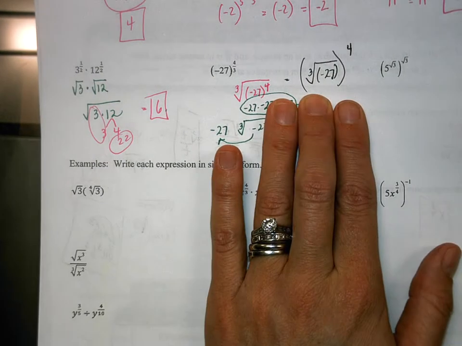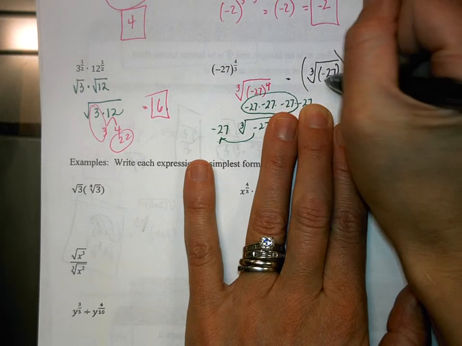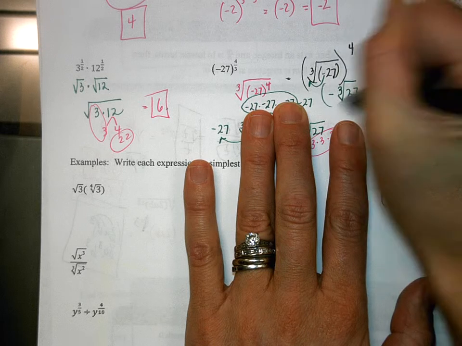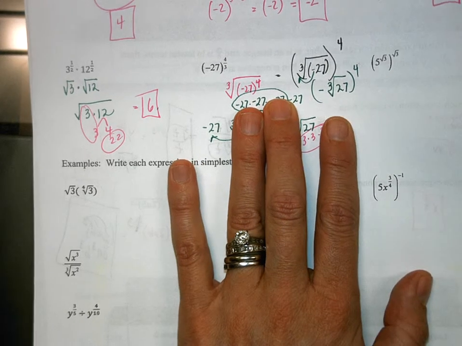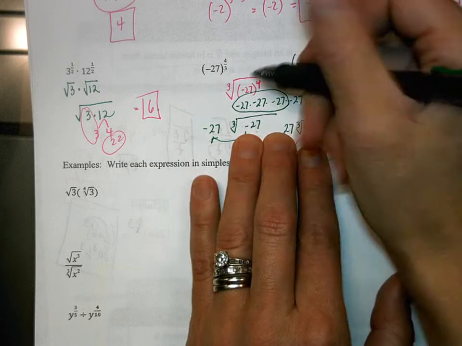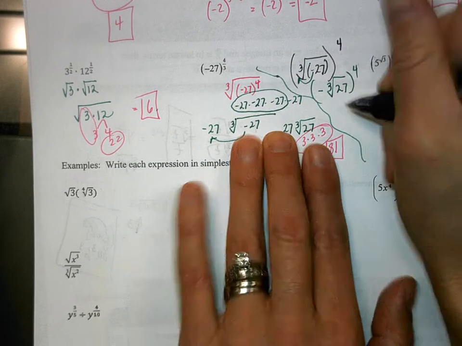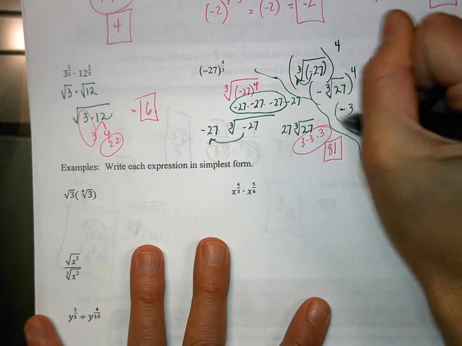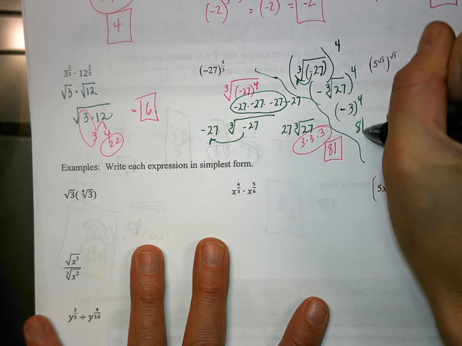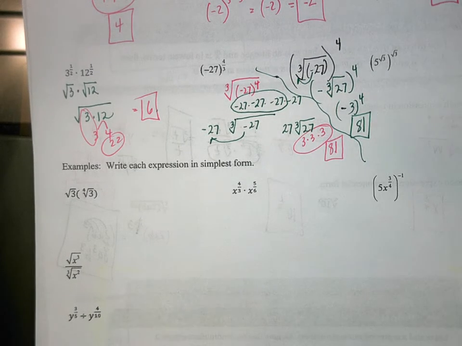Okay, so if we took care of the negative and brought the negative out, we would have negative cubed root of 27 to the 4th power. We know that 27 ends up becoming 3. And so we'd have negative 3 to the 4th power, which still gives me 81. So it's just another way to look at the same problem.